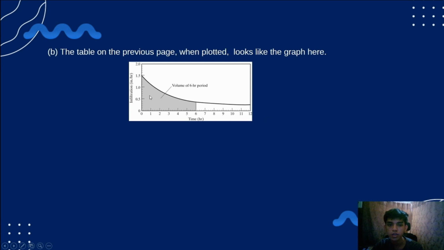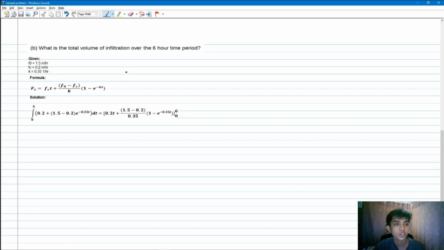You can see here that the shaded part shows the volume for the 6-hour period, and this is connected to the question that we have in letter B. So now we will proceed to question B. What is the total volume of infiltration over the 6-hour time period? We have the givens here, like from the previous question. F naught is equal to 1.5 inch per hour, f sub c is equal to 0.2 inch per hour, and our k, which is the empirical constant, is equal to 0.35 1/hour.